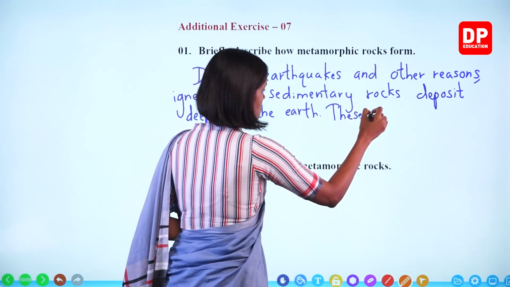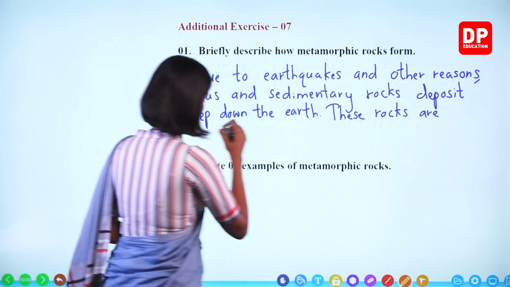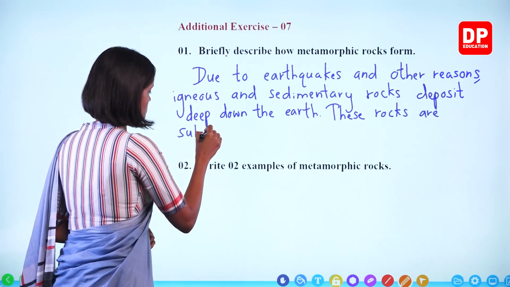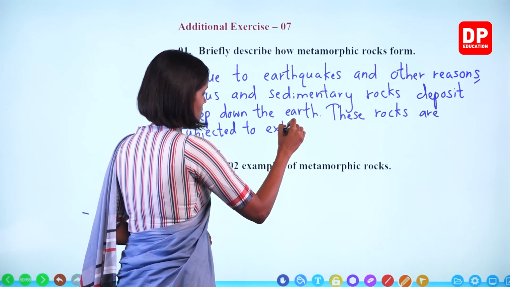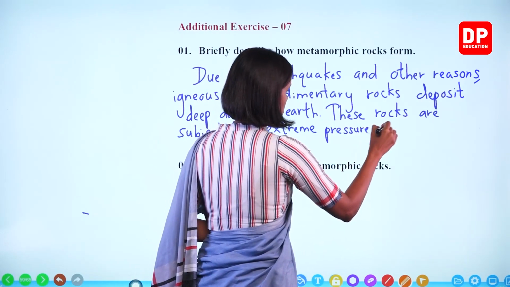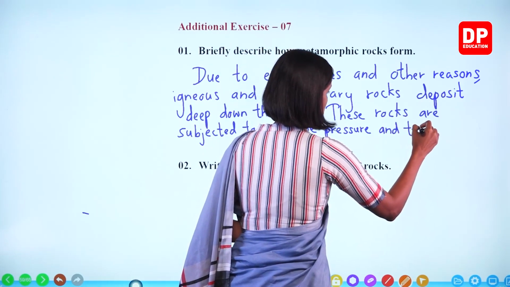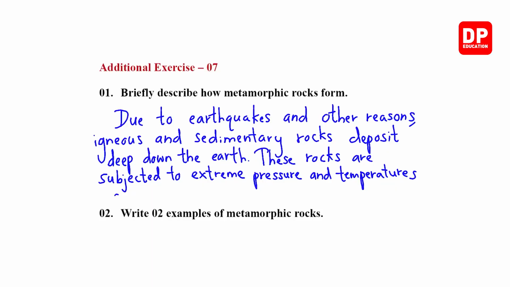These rocks are subjected to extreme pressure and temperatures and change into metamorphic rocks.